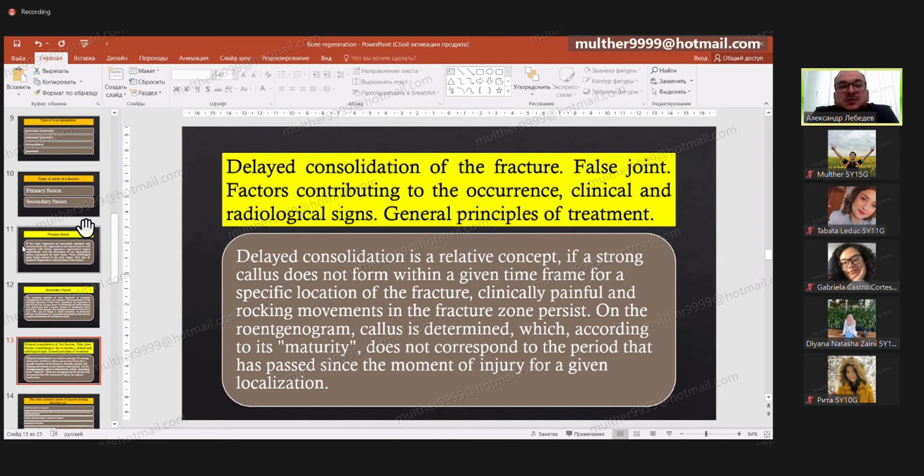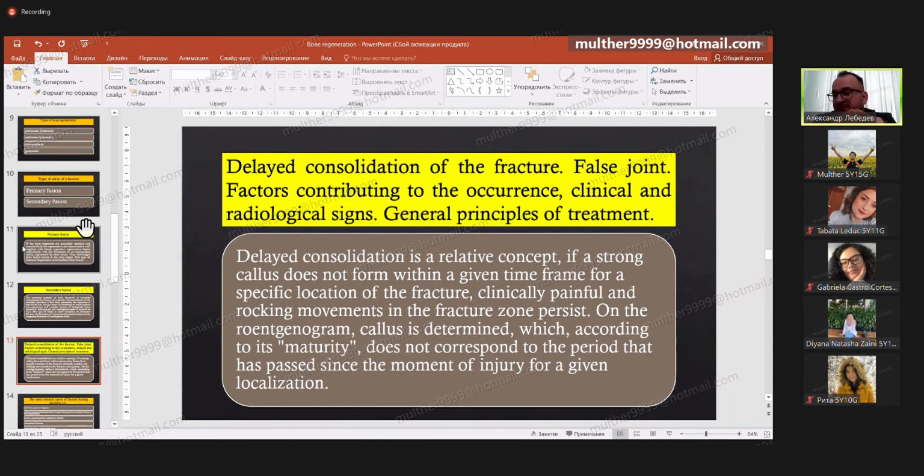For example, on a control X-ray, 3 months after the trauma, if you treated your patient well, you guaranteed the 4 conditions, you reduced the dislocation, you had no interposed tissues, you fixated by some operative method, you used, for example, plate and screws, and after 3 months of the trauma you see the X-ray symptoms, I will tell you about this after a few slides, you see the symptoms of malunion.